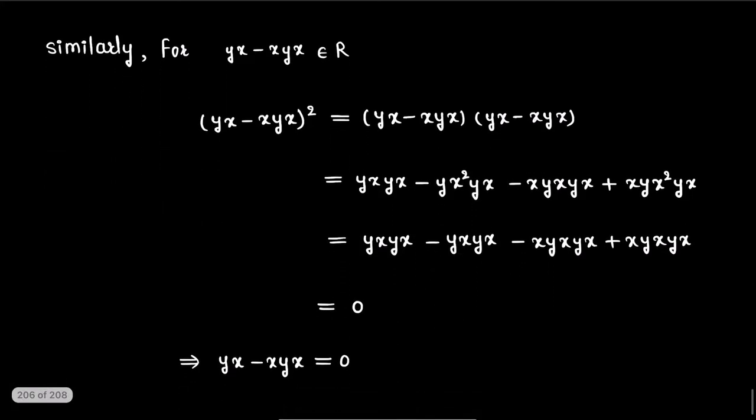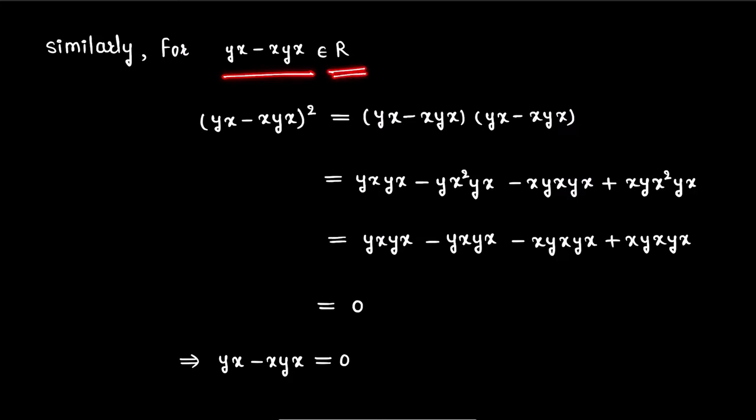Next, similarly for x, y elements in ring R, yx minus xyx will be again some element in ring R, and (yx minus xyx) square will be equal to yx minus xyx dot yx minus xyx.